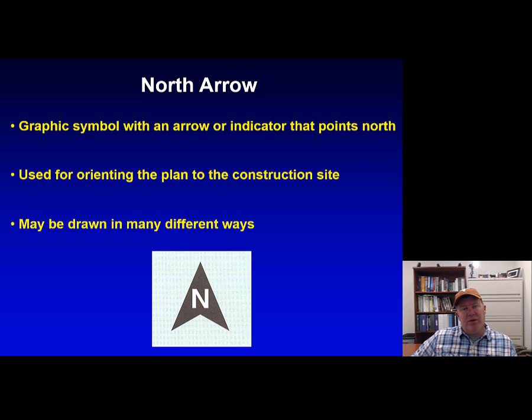It just depends. I've got some students that'll just draw a circle, throw an N on it, and call it done. Then I'll have some students that will spend 20-30 minutes on their north arrow details, just because they're very particular. But the main thing is that it is going to show us where north is on the plan.